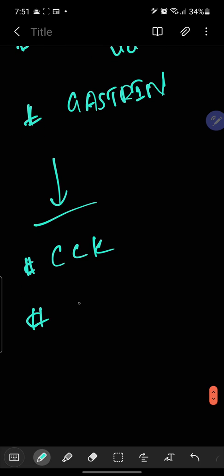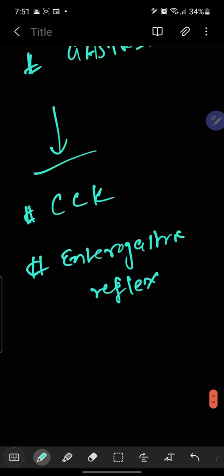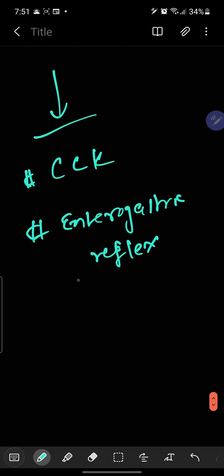Now there is a reflex which is called the enterogastric reflex. Entero means small intestine, gastric means stomach. This is under the control of the enteric nervous system.